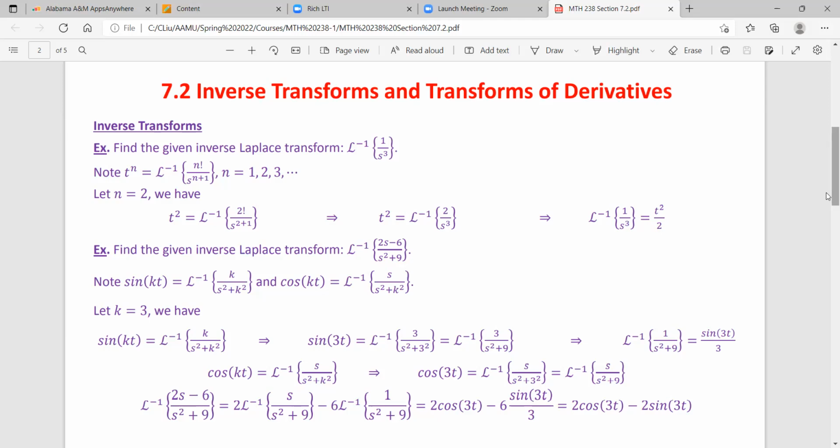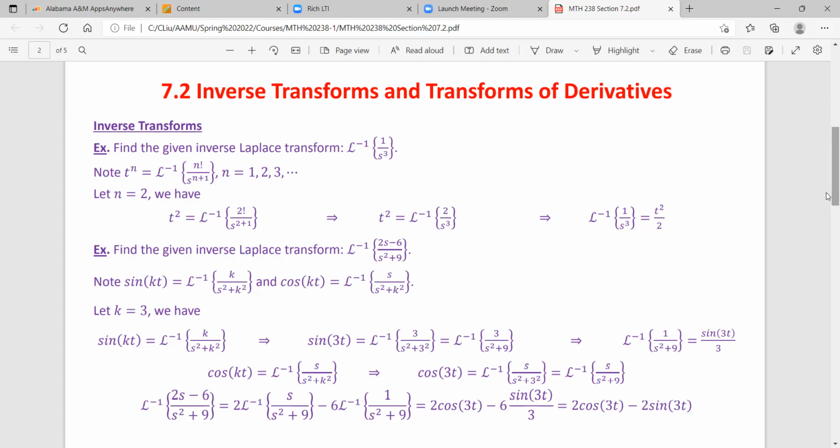And another formula we have is cosine kt is the inverse Laplace transform of s over s squared plus k squared. It turns out that we need to use both of them in this example. So in the first formula, let's just let k equal to 3.